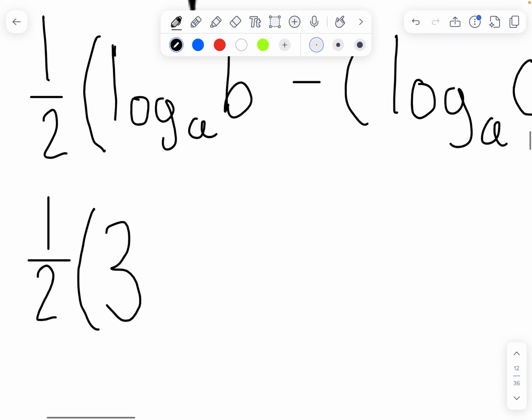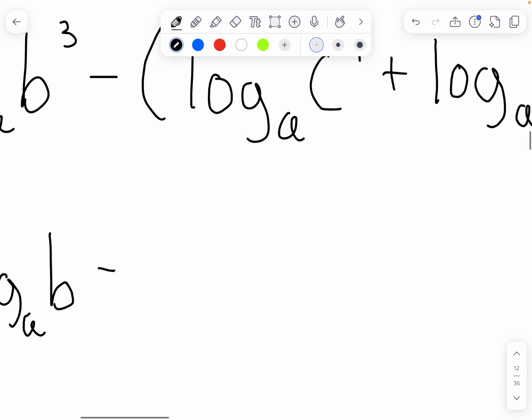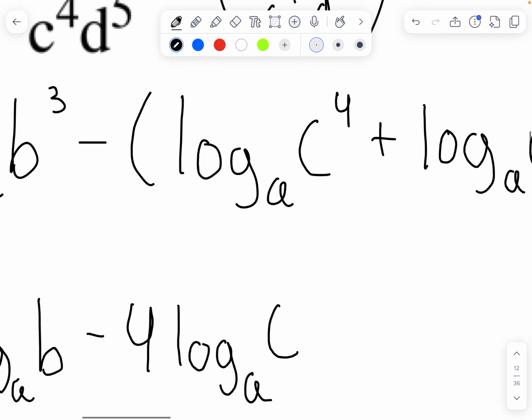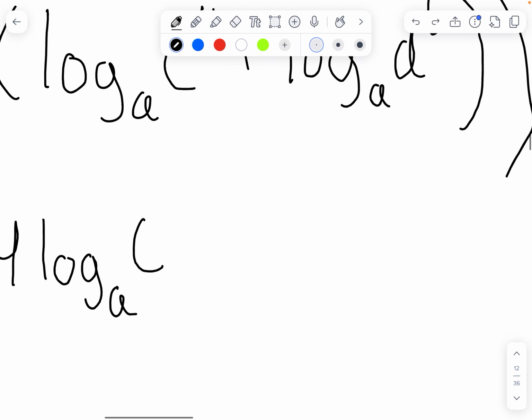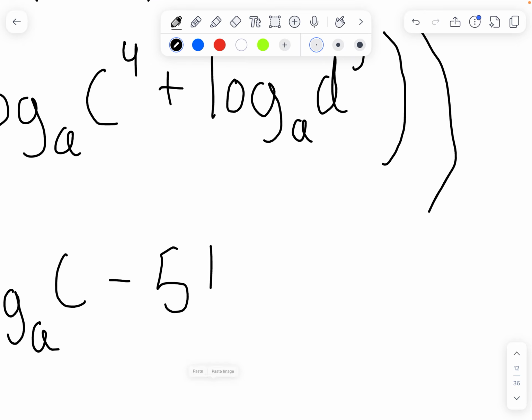So product rule, this becomes 3 log a of b, and then minus 4 log a of c, and then plus and minus, so distribute, minus 5 log a of d.